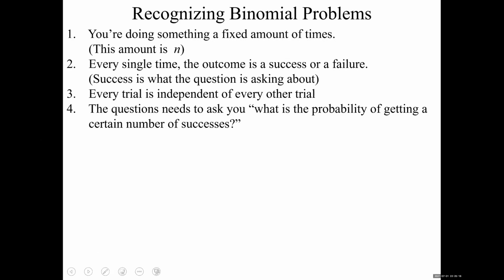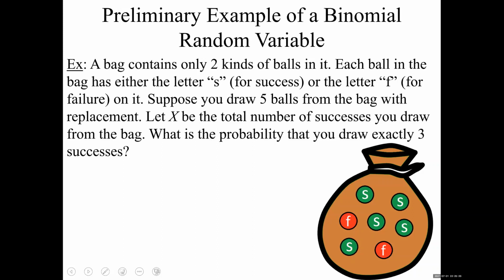Okay. So we're going to look at this example. This is a preliminary example. This is not the main example that we're going to do. This is a preliminary example so you can get an idea of what's going on here. It says a bag contains two kinds of balls.